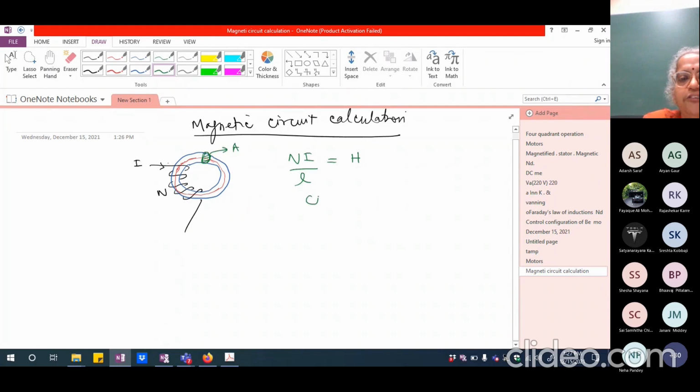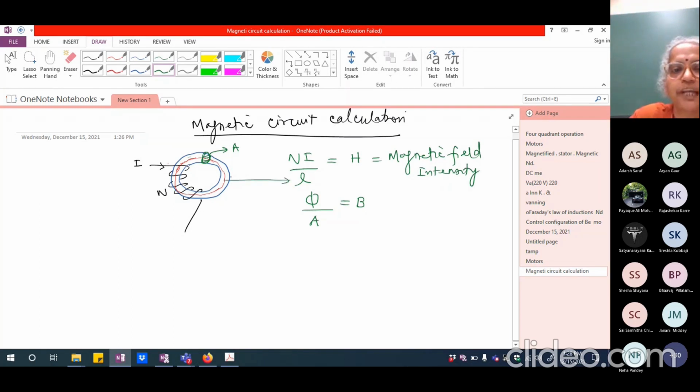Whatever is the flux that it creates in this entire ring, divided by the cross-sectional area, if I make a cross-section here, gives me flux density. So H is the magnetic field intensity, where L is the length of the magnetic circuit, the length of this red circular line. And B is the magnetic flux density.